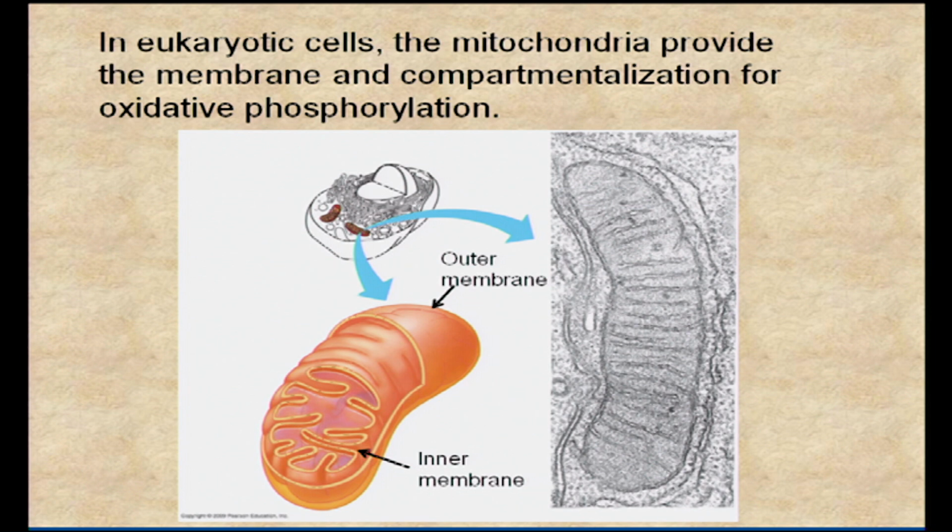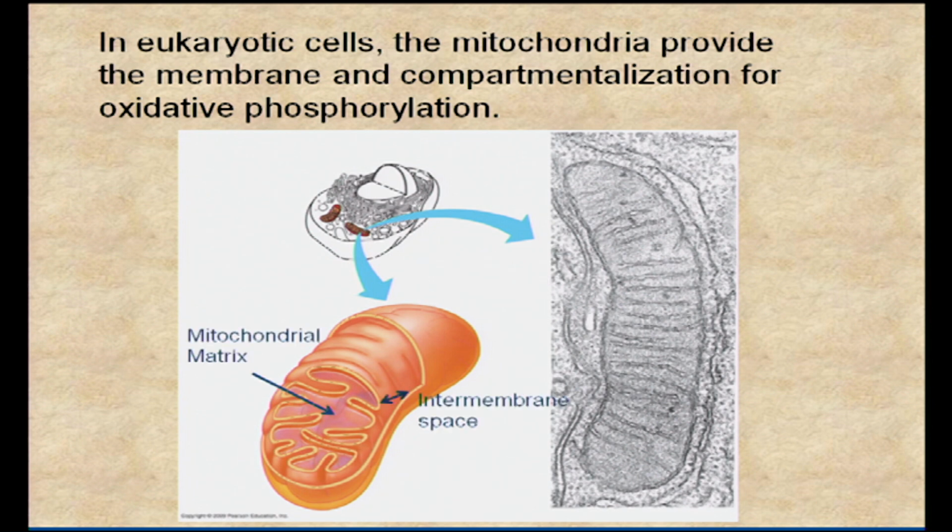So now we need to look at what 2 compartments result from having this double membrane organelle. The most internal compartment is called the mitochondrial matrix. And the compartment that lies between the outer membrane and the inner membrane is called the intermembrane space.